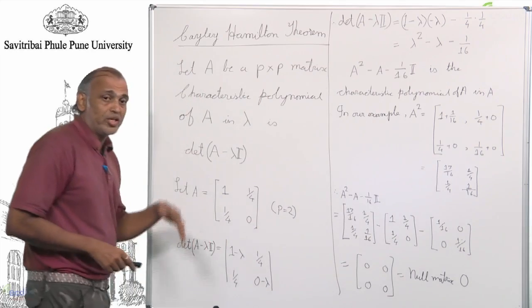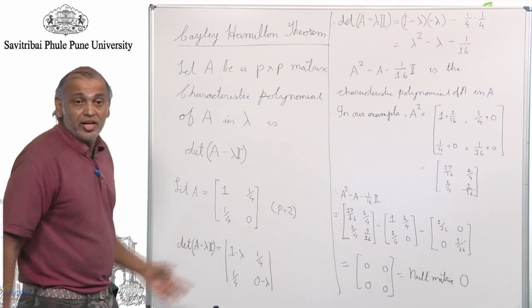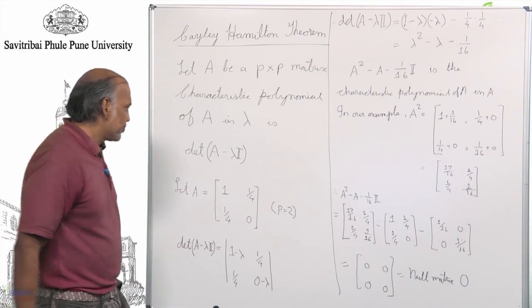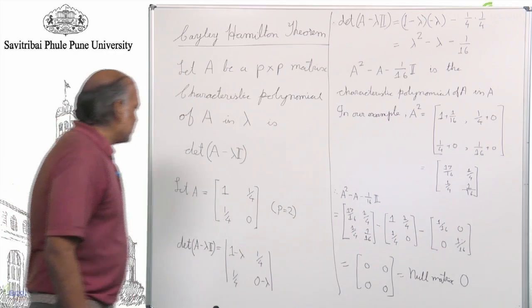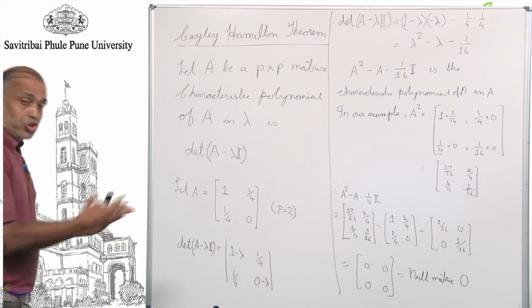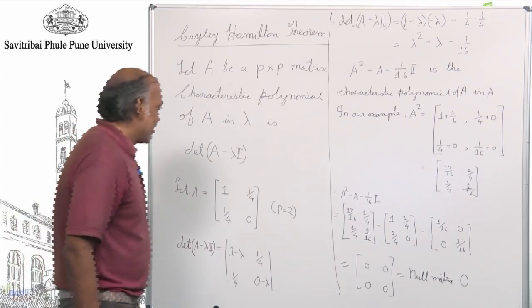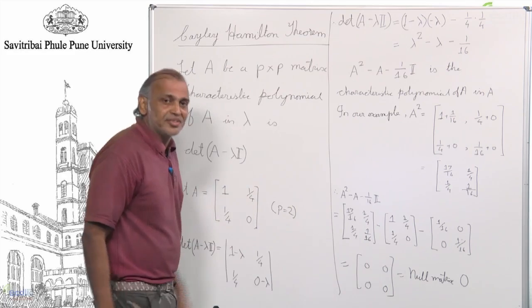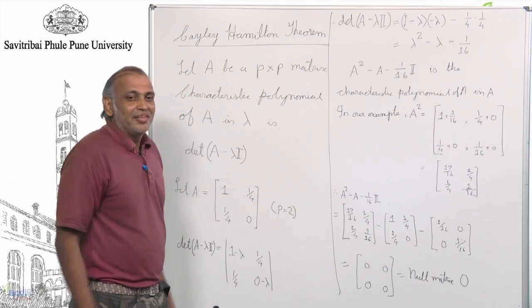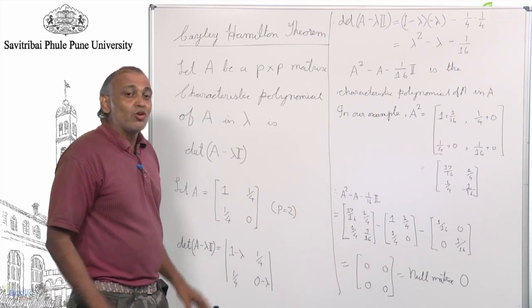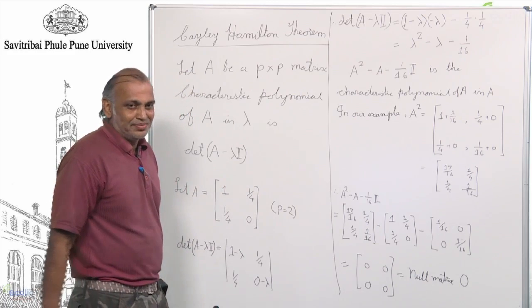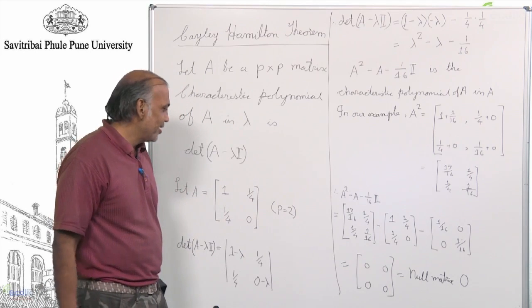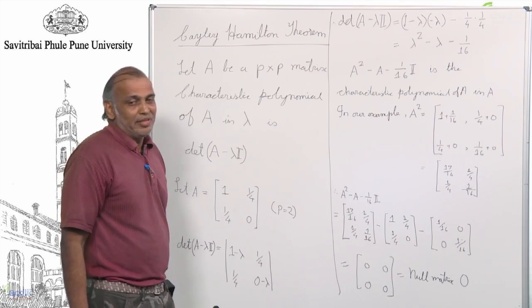If you add this matrix to any other matrix, P by P, you would get the same matrix out. So this looks some kind of a coincidence. This seems to work for this special case of this matrix. In fact, a surprise, it works for all P by P matrices.